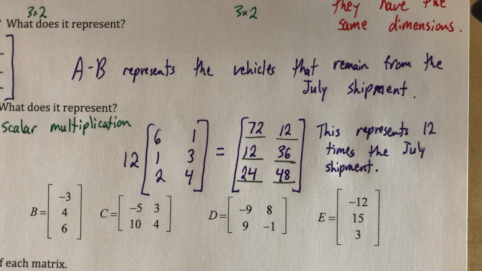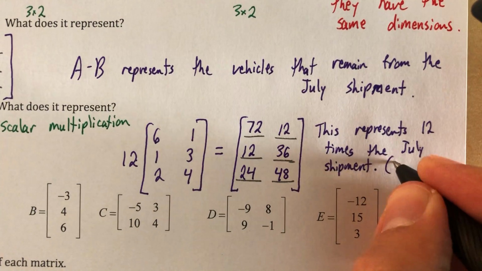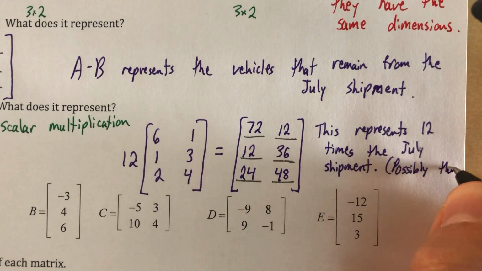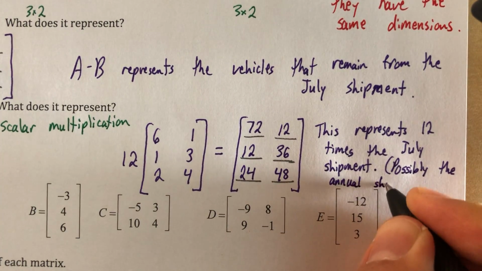And this is not a safe assumption, but I'm going to write it anyway. If July is kind of what happens every month, if that kind of shipment is what happens, then this is probably the annual shipment. So in parentheses, possibly the annual, so 1 year, annual shipment.